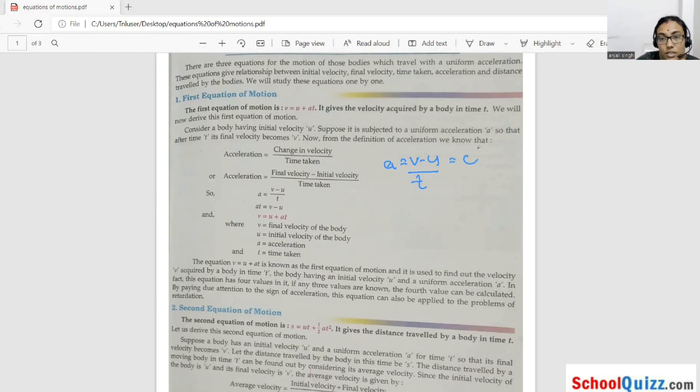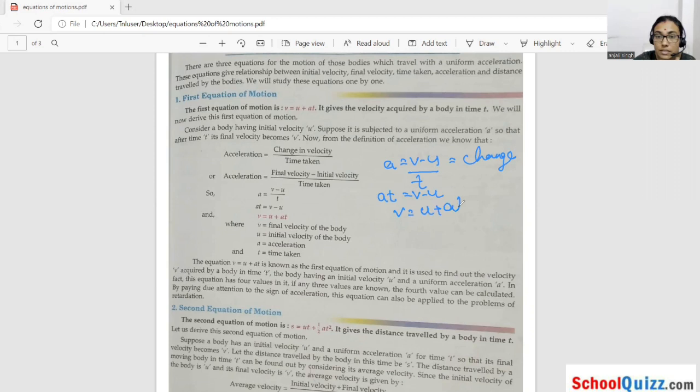v minus u means change in velocity, and t is the time taken. Now this t, everyone knows about the cross multiplication. This will be going to multiply with this. So at is equals to v minus u. Clear? So now this negative will go to that side and that will be converted into positive.